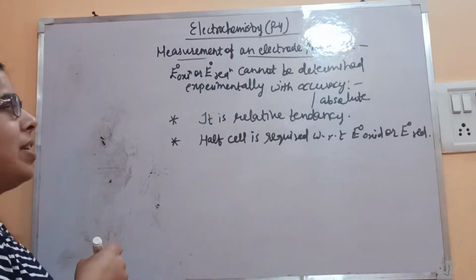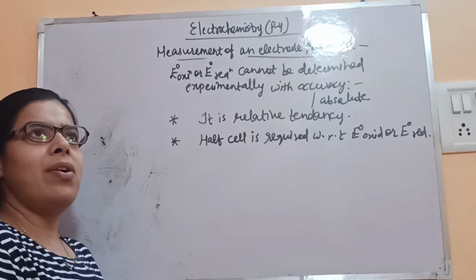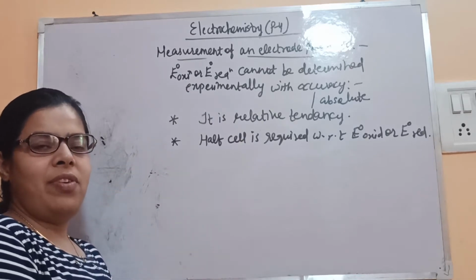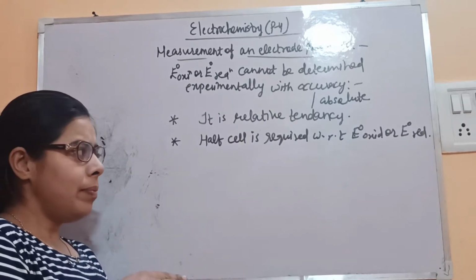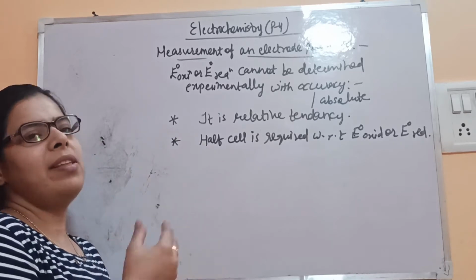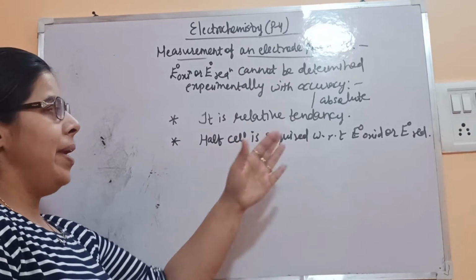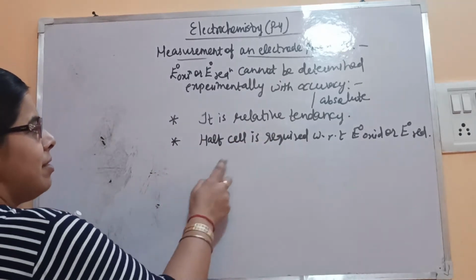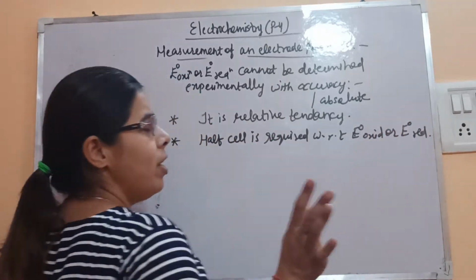Then only we can say that in the first half cell this particular process is taking place, either oxidation or reduction, and in the other half cell the other process is taking place. So we will compare relatively.